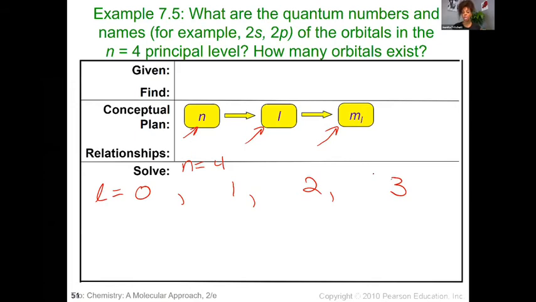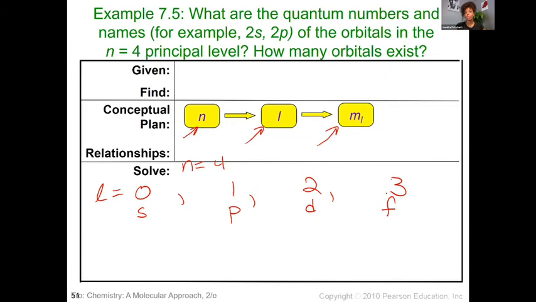Each one of those numbers that we write for the L value has a specific orbital or type of orbital associated with it. Our L value of 0 is for our s orbitals. An L value of 1 is for our p orbitals. An L value of 2 is our d orbitals. And an L value of 3 is our f orbitals.